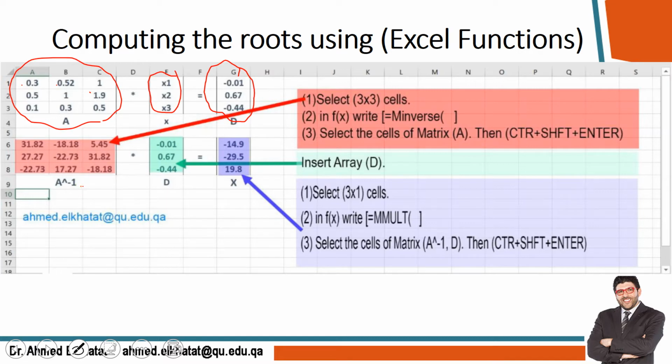You have first to select 3 times 3 cells, the same size as the original matrix. After you select the 3 times 3 cells, in the formula bar of Excel write equal MINVERSE and open parentheses.